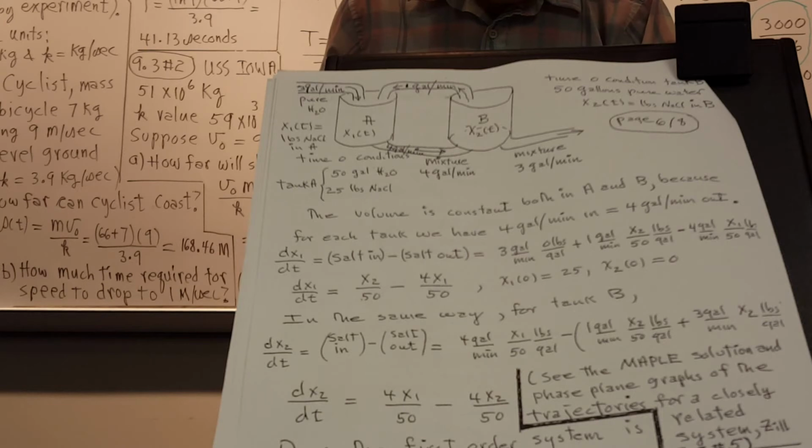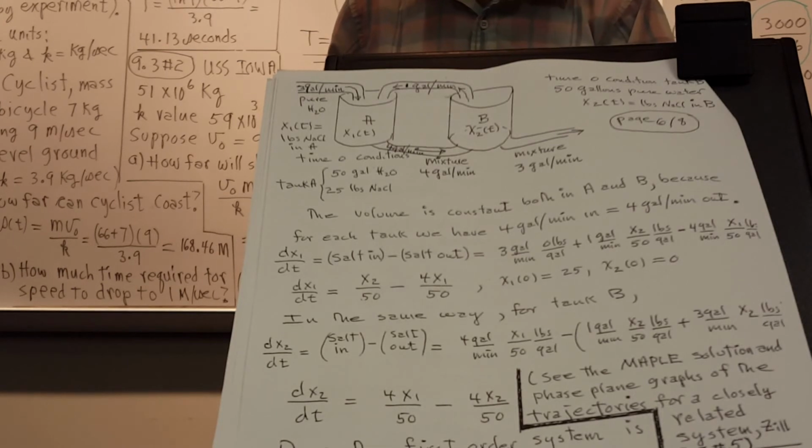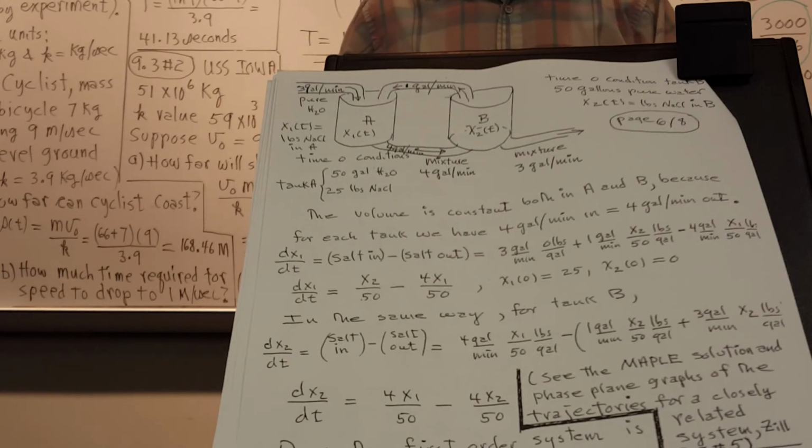And tank B started out with pure water, but you're running salt water into it, so it doesn't stay pure water. Some of it is going down the drain, you see, and into the water system for Flint, Michigan, of course. Okay, that's what their trouble is.